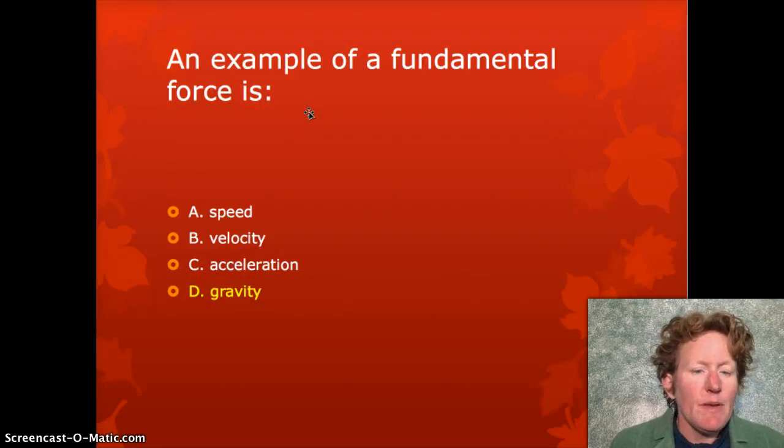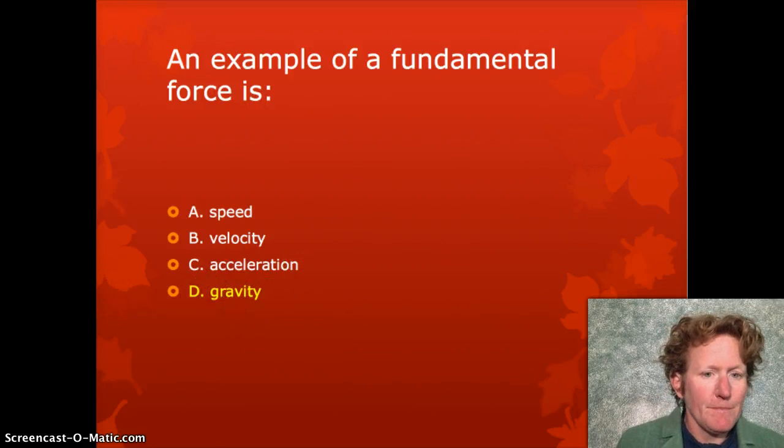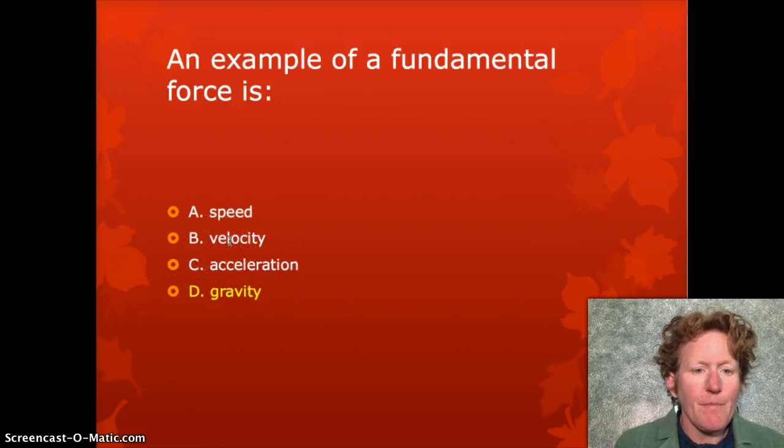An example of a fundamental force is, of course, gravity. Velocity, you need two other measurements, same with acceleration, and speed, you don't know the direction.